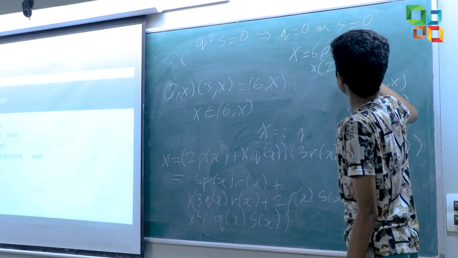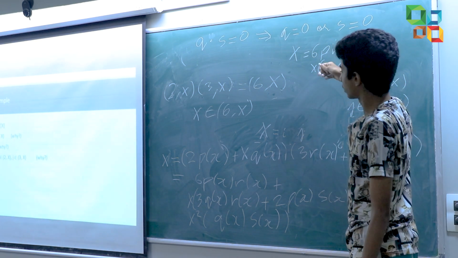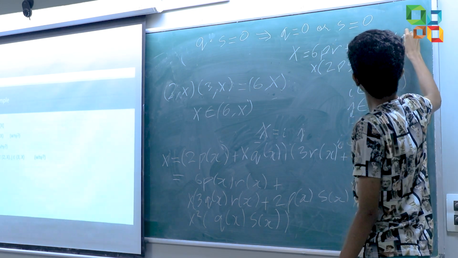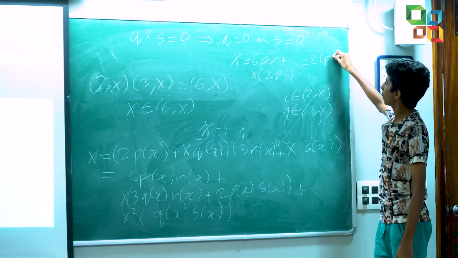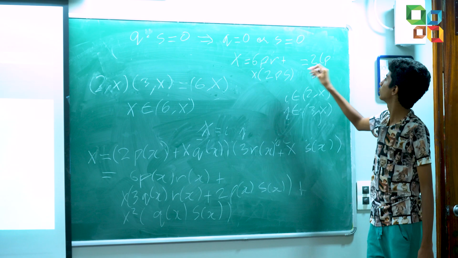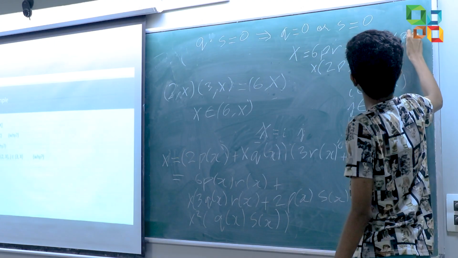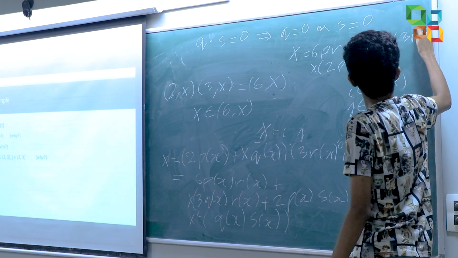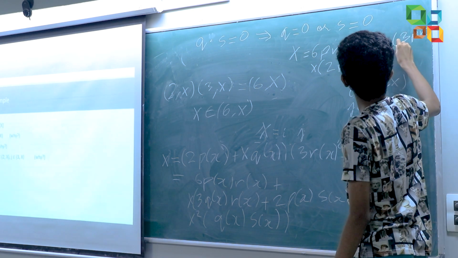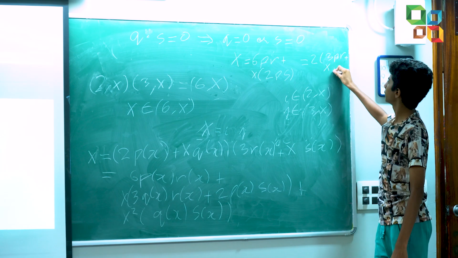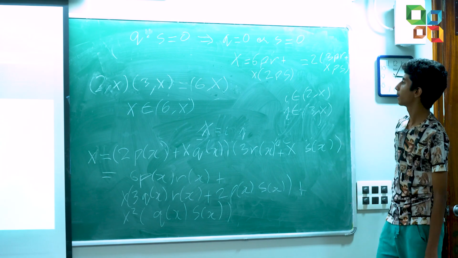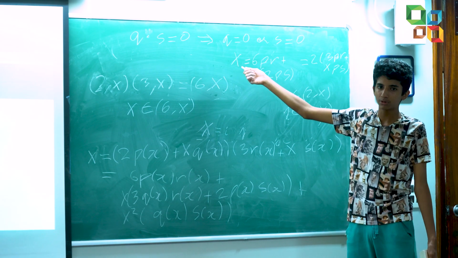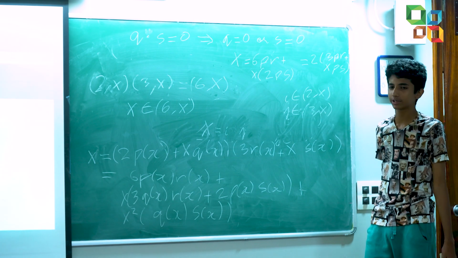Now notice this is a multiple of 2, right? You can take 2 outside. 2 into 3pr plus x ps, right? But is x a multiple of 2 in Z of x?